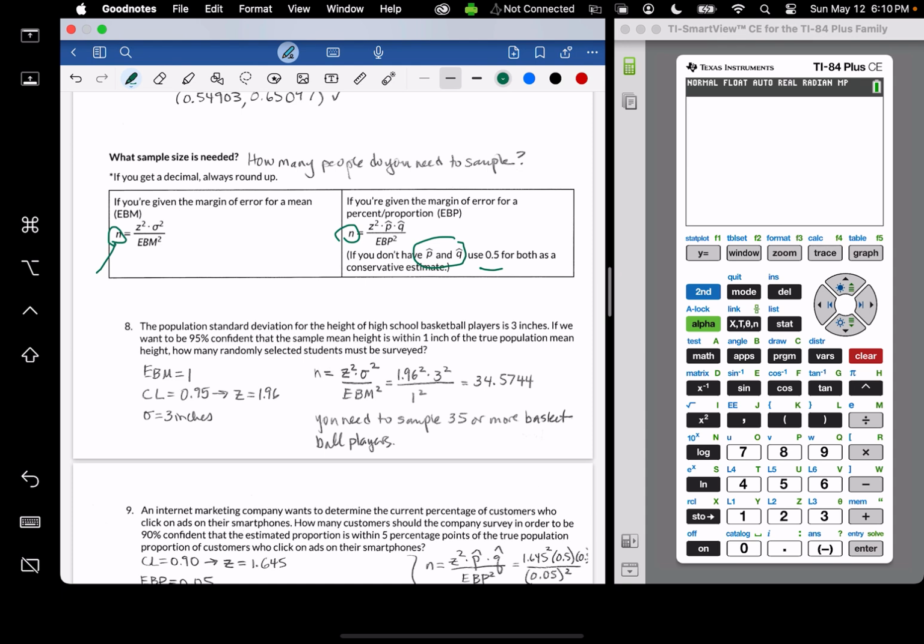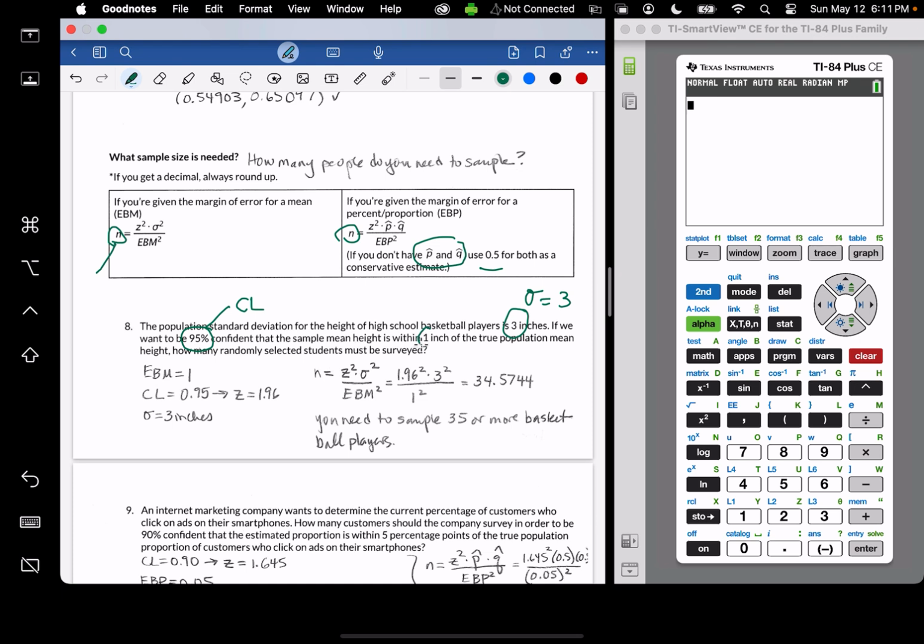Okay, so question 8. The population standard deviation, that means that sigma is 3, so I like to write that down. We want to be 95% confident, okay, there's our confidence level, that the sample mean height is within 1 inch of the true population mean height.